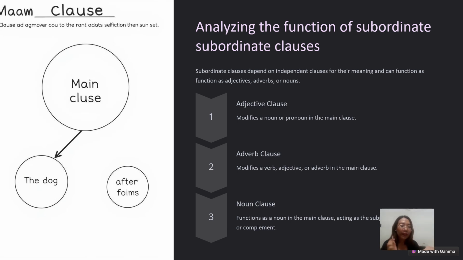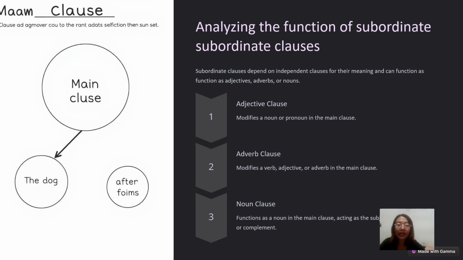The example is: I stayed home because it was raining. Here the subordinate clause is "because it was raining," and the function is that it explains the reason why I stayed at home.